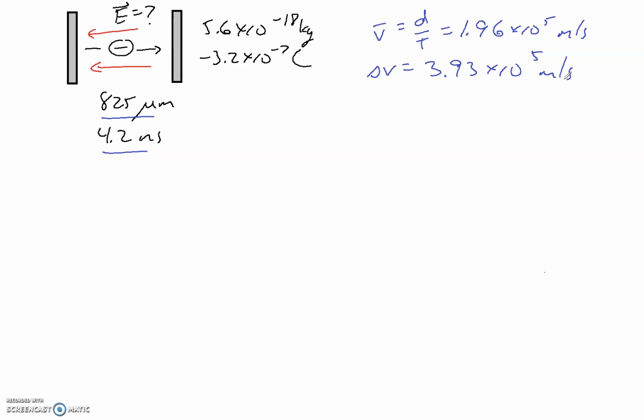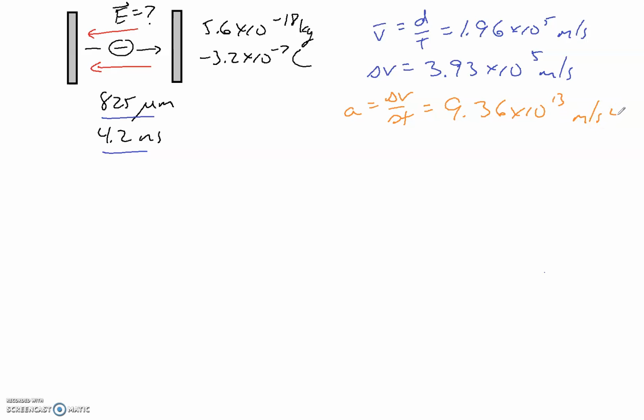Well, I can keep going with this because, with change in v and time, I can find acceleration, because acceleration is change in v over change in t. So I've got the 3.9 times 10 to the 5, and I've got the 4.2 nanoseconds. Divide those two out, and I get an acceleration of around 9.36 times 10 to the 13 meters per second squared.